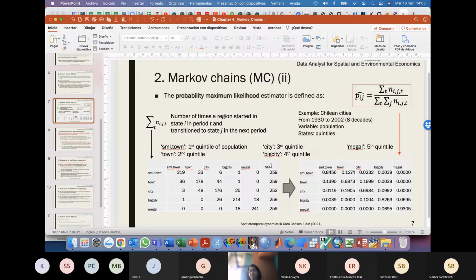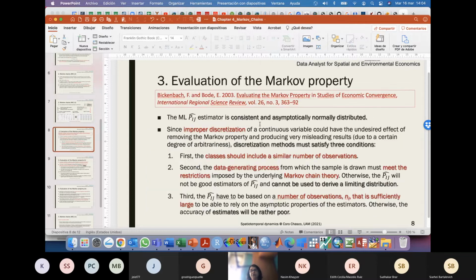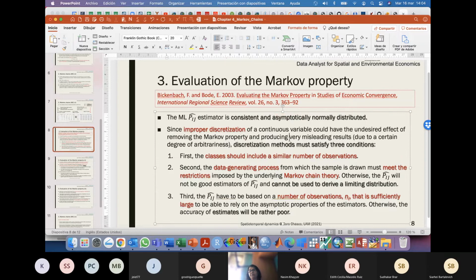But why? Because if we consider the structural change and altogether the spatial regimes, perhaps the number of instances was going to be too low. And we wouldn't rely on it, because these asymptotic assumptions are not going to hold, and we couldn't rely on the accuracy of these PIJs.